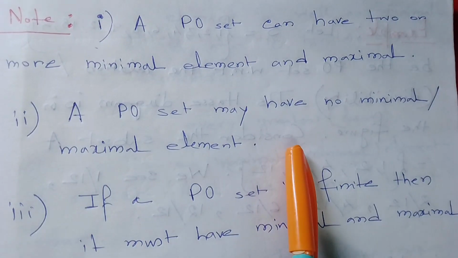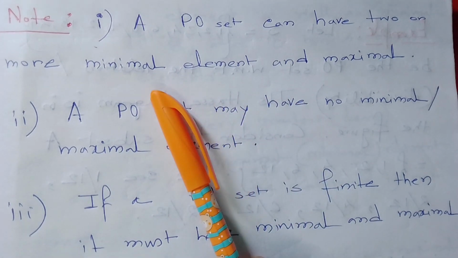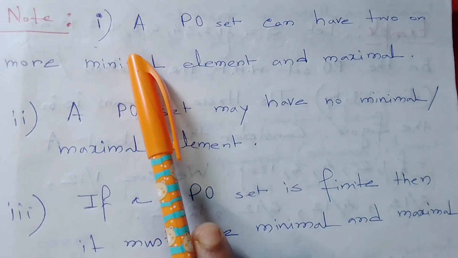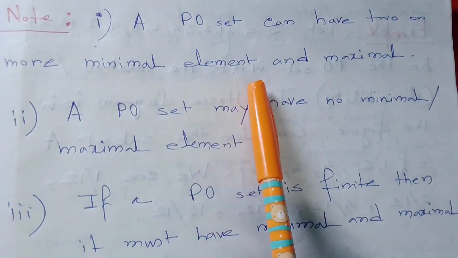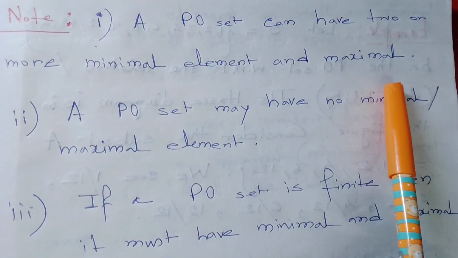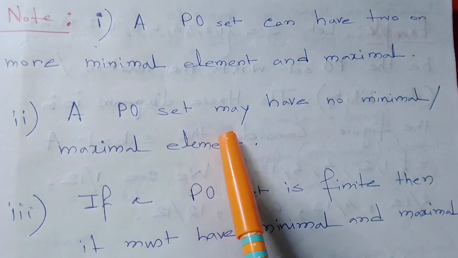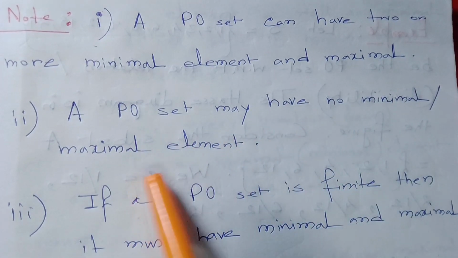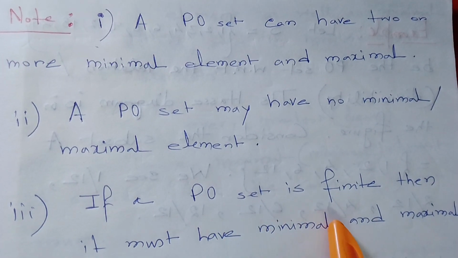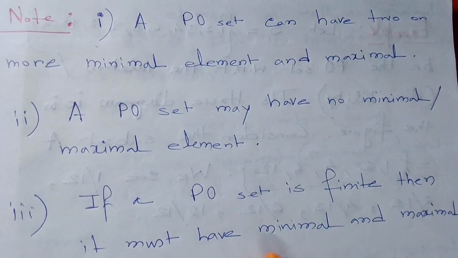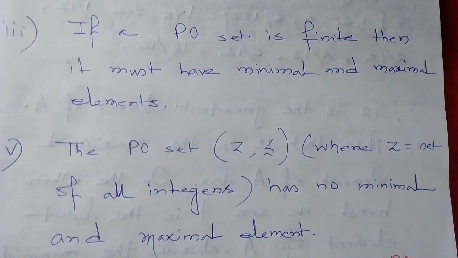And here are some notes on maximal and minimal elements. A POSET can have two or more minimal and maximal elements. A POSET may have no minimal or maximal element. If a POSET is finite, then it must have maximal and minimal elements.